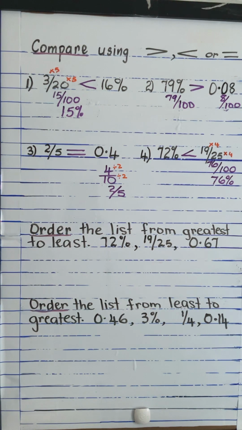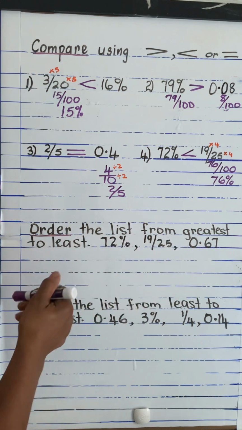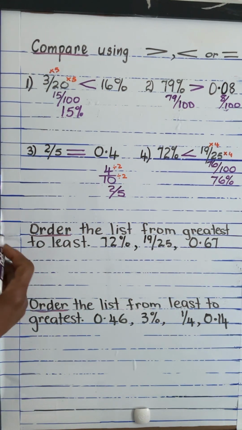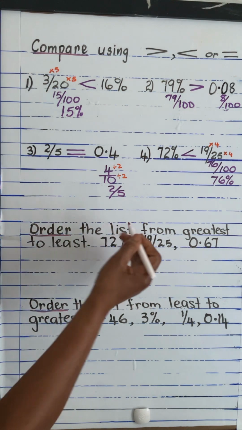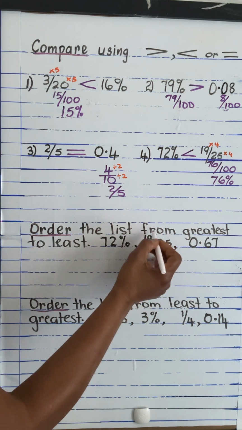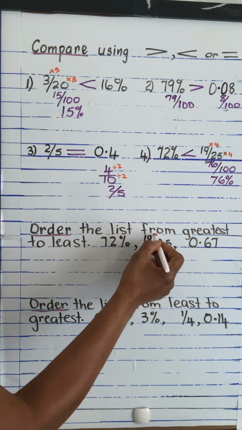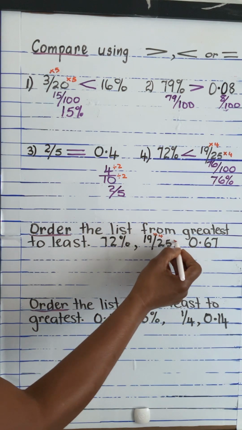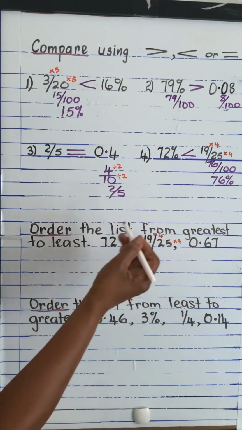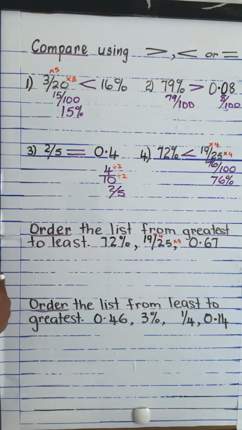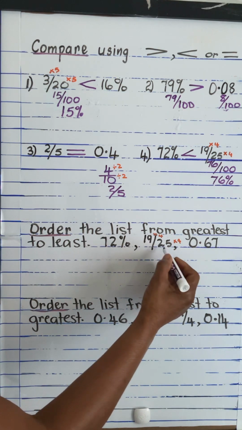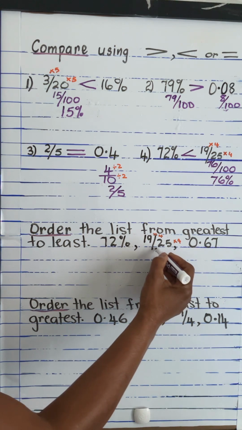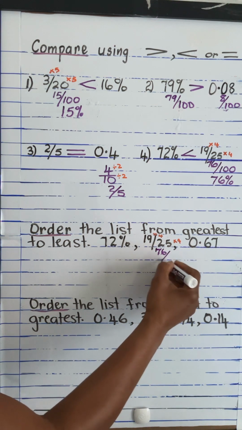Maybe percent would be easier. 19 over 25, multiply by 4, would give us 76 over 100.